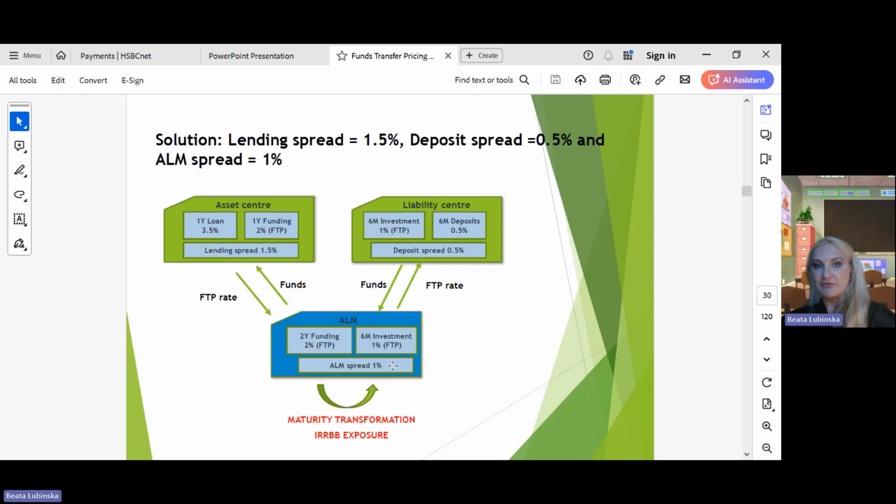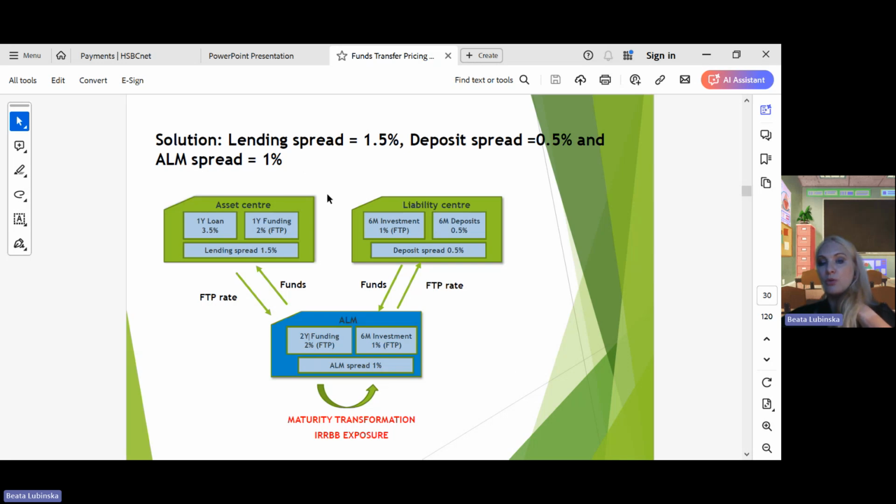There is positive ILM spread of 1%, driven by the difference between 2% and 1%. So Treasury is running maturity transformation, is running the IRBB exposure, which has to be hedged, and each unit has its P&L booked. For the asset side, you have 1.5, deposit side is 0.5, and ILM spread is 1%.